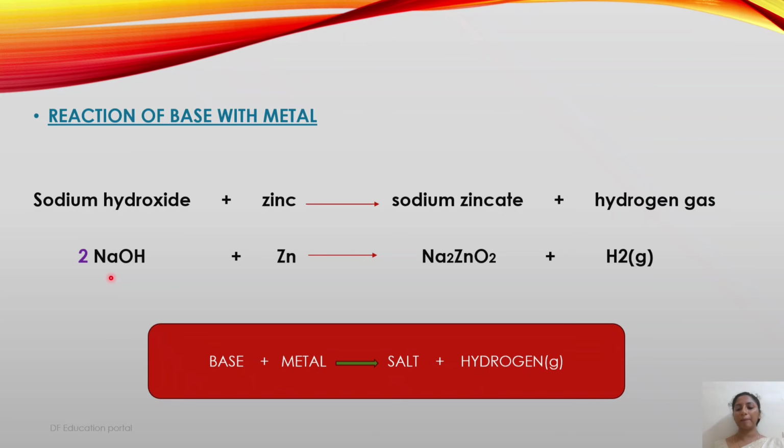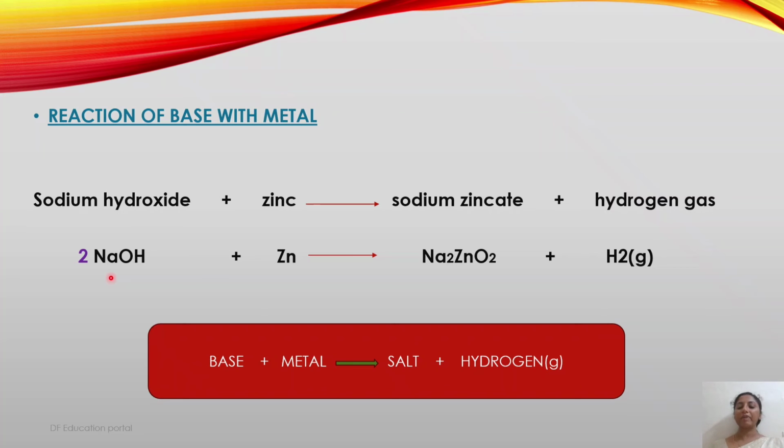After shaking or stirring, we get a solution of sodium hydroxide. When we make a solution of a base, we call it an alkali.